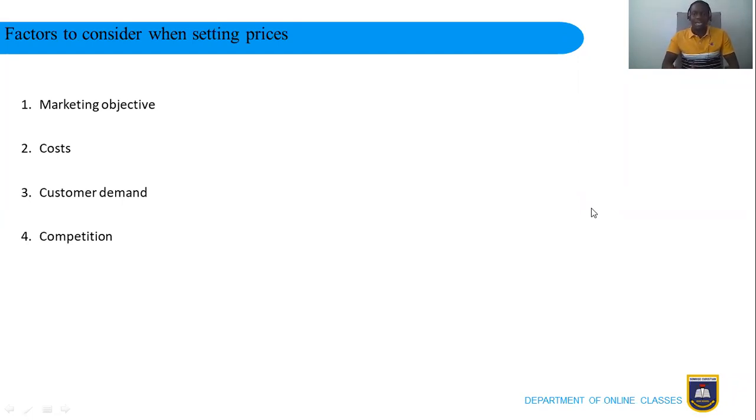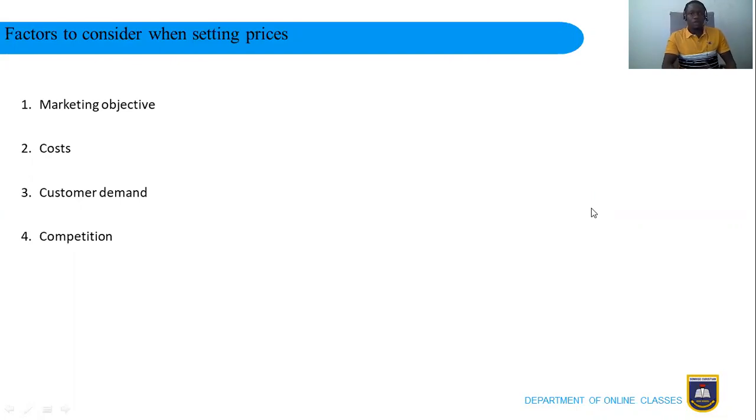It is after that you can decide to add your profit margin. So most of what's happening is that you don't just stand up to fix the price. No, you must do some basic calculation. How much have I incurred in producing this product? Then, how much do I have to sell it?